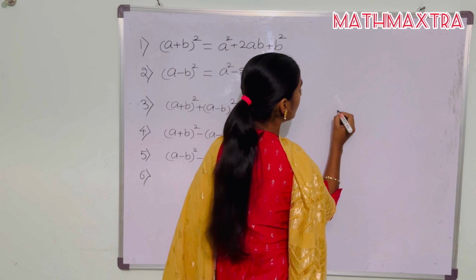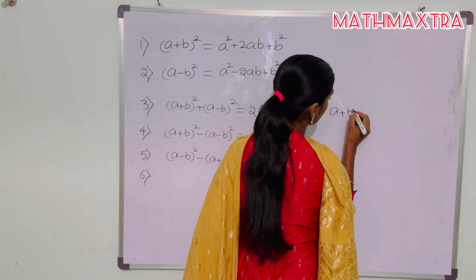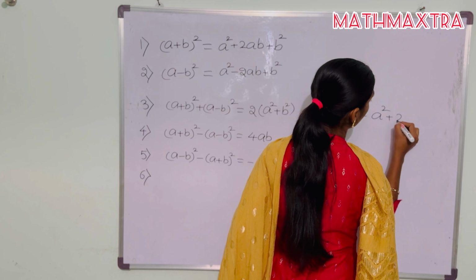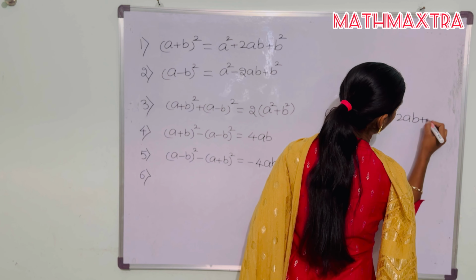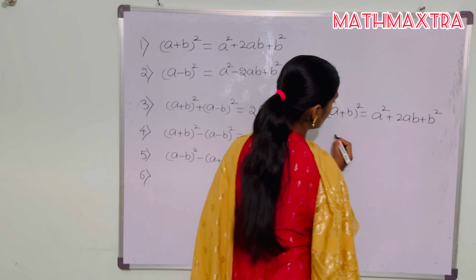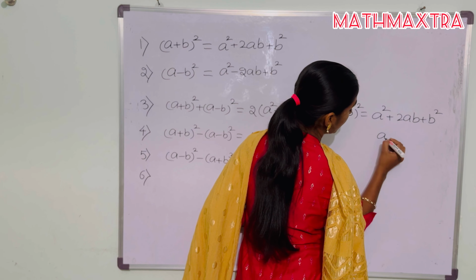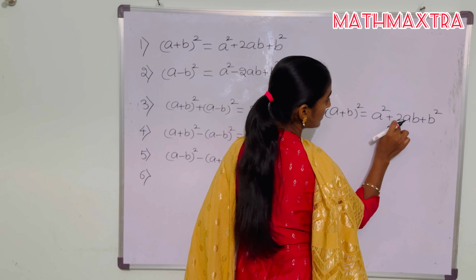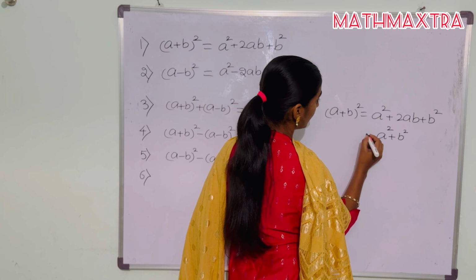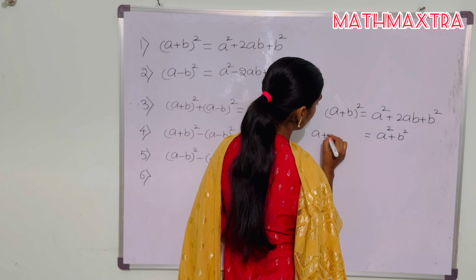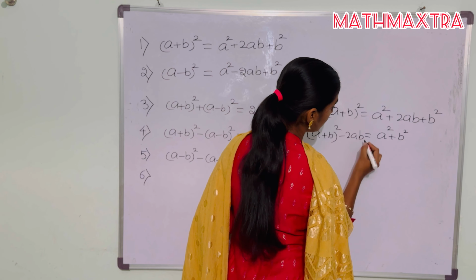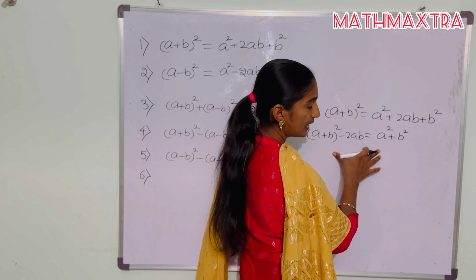Okay, we know (a + b) whole square is equal to a square plus 2ab plus b square. Now what will be a square plus b square? You take this 2ab to the left side. What happens? Which is simply (a + b) whole square minus 2ab, right? So this is one identity.